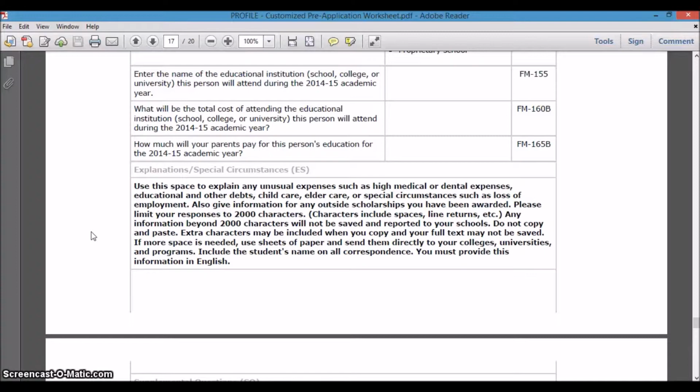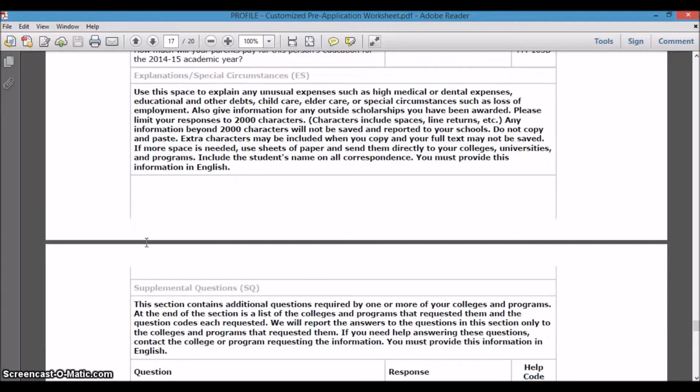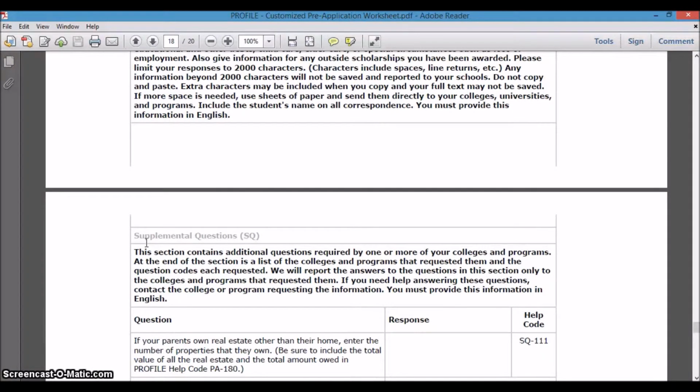So if there's anything additional that you want to explain, if somehow the numbers don't add up, or as Azrake previously explained, if somehow your parents' expenses are more than your income, that would generally not make sense, because you're basically saying that my parents spend more than they make. So for special situations like that, you may want to explain your financial situation, and this special circumstances page is basically where you would do it.